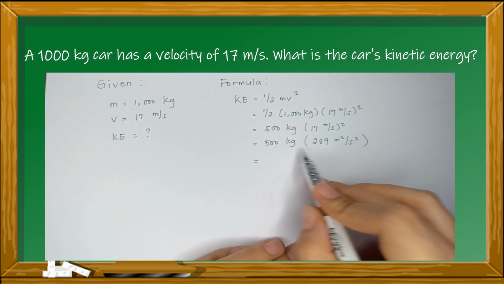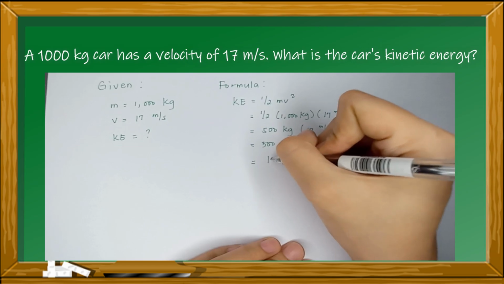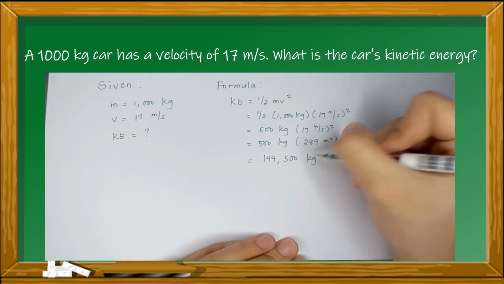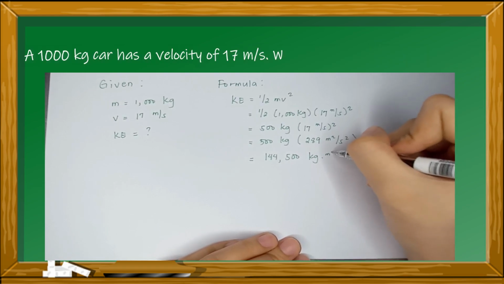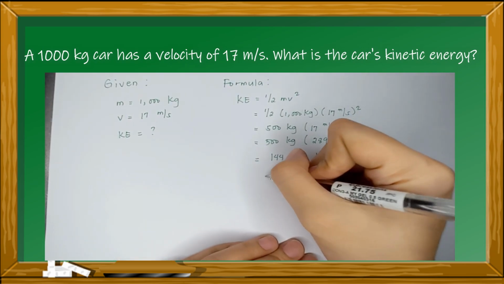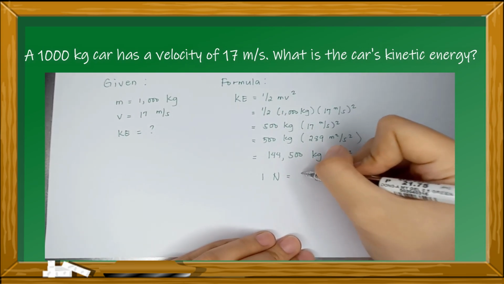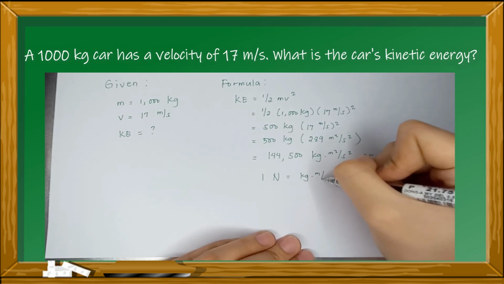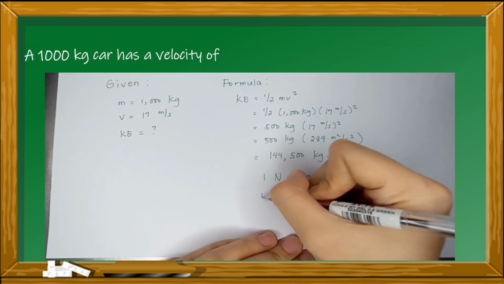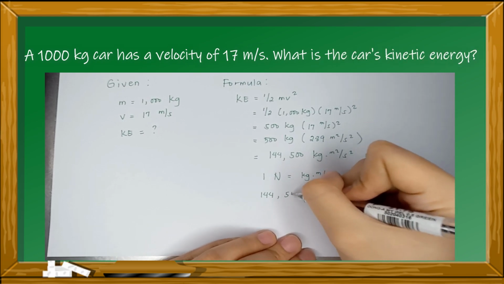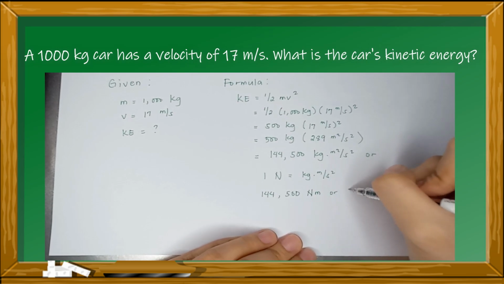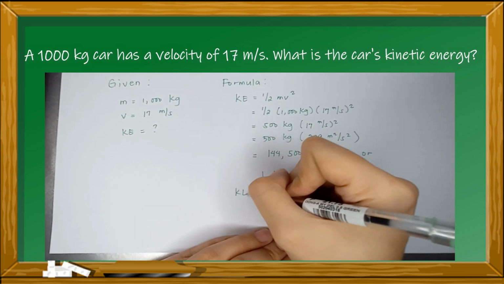So, 500 times 289, we will get 144,500 kilogram meter squared per second squared. Or, since 1 Newton is equivalent to kilogram meter per second square, pwede natin gamitin na unit ay Newton meter or joule. So the car's kinetic energy is 144,500 Newton meter or joule.